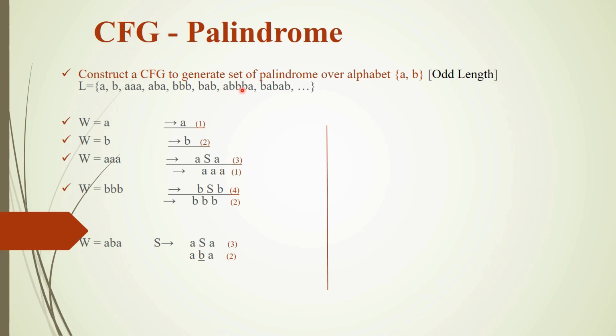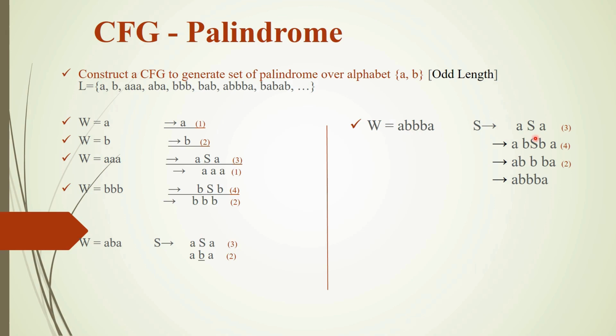Let's discuss the next one, which is abbba. We have to generate three times b, with a on both sides. So by using this same grammar, we can generate the string, correct? I use the third expression as the initial one because I want to start my string with a. So I substitute my initial non-terminal with the third expression, which is a, your non-terminal S, and a.